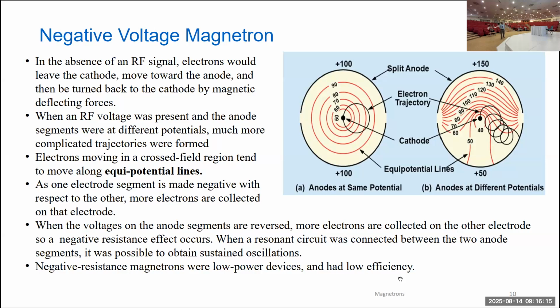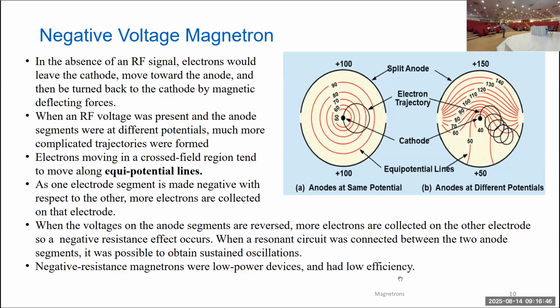But if one side is biased to a higher potential compared to the other side, then the equipotential trajectories are changed due to this biasing of the anode. Moreover, this biasing alternates at the RF frequency, the frequency at which you want to produce the RF.